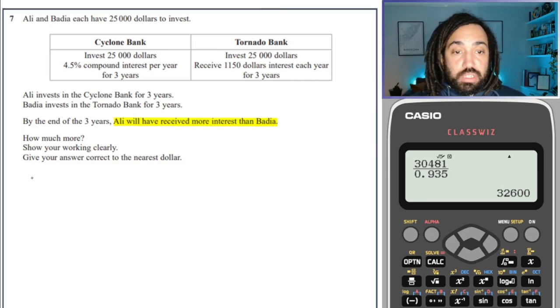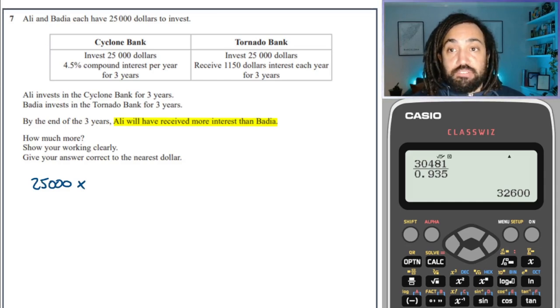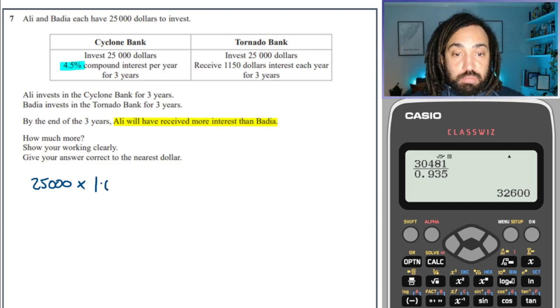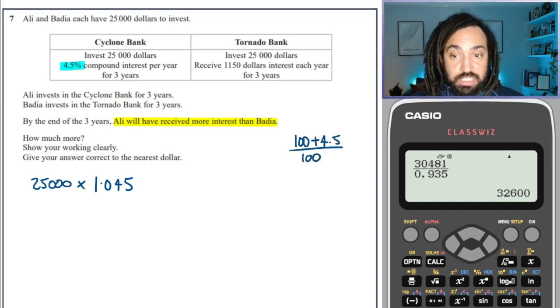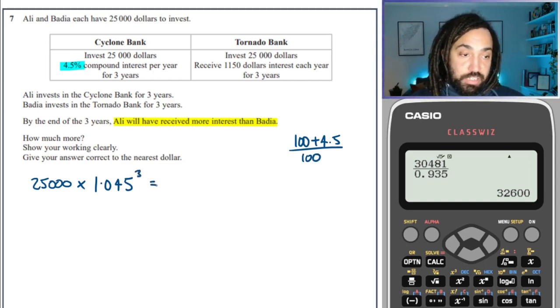So let's start with the first one. You take your amount and you are going to multiply it by 4.5%, which is a multiplier of 1.045. Again, if you need to work out the multiplier, just start with 100. In this case, add on, because it's interest, it's going up, and then just divide by 100. And that's for 3 years. We raise that to the power of 3.